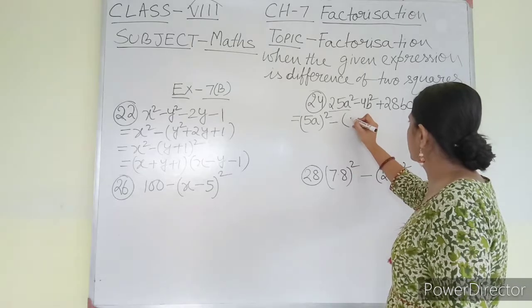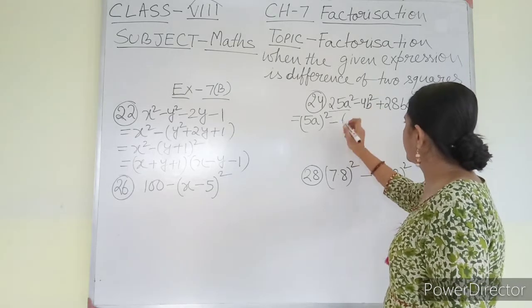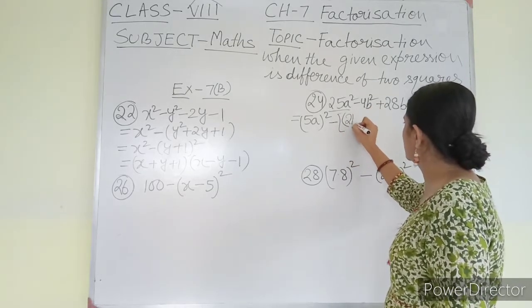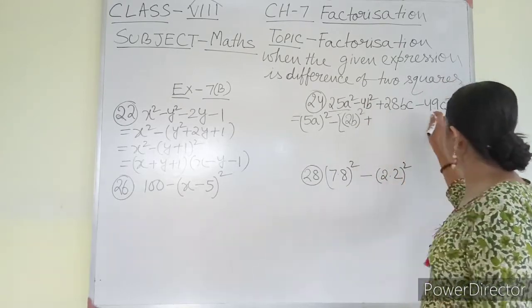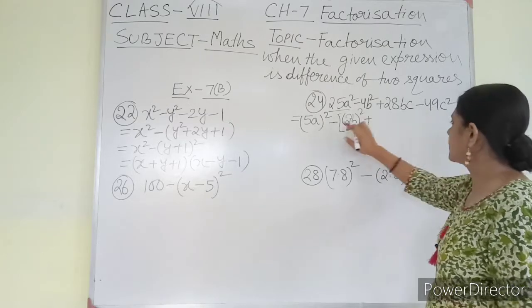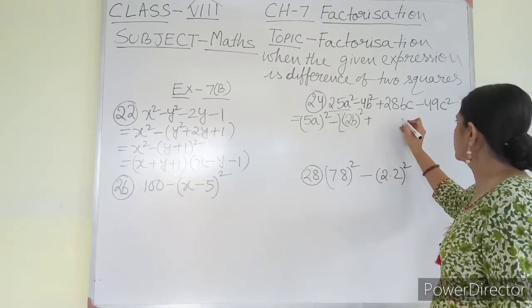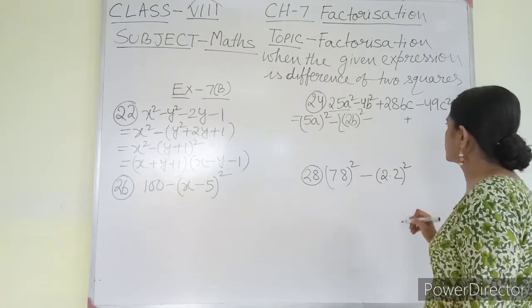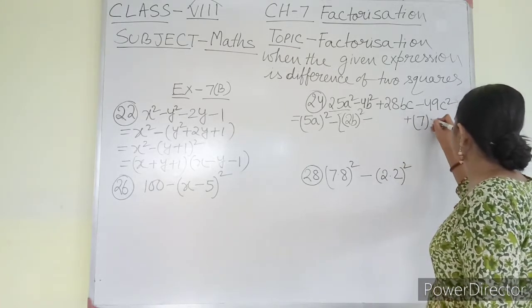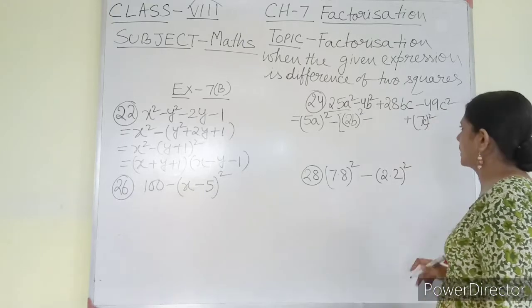Here I will be left with 4b, which can be written as 2b whole square plus, leave it, first do this one. As I have taken minus sign common here, so this one will be negative sign and this one will be positive sign. This can be written as 7c whole square.